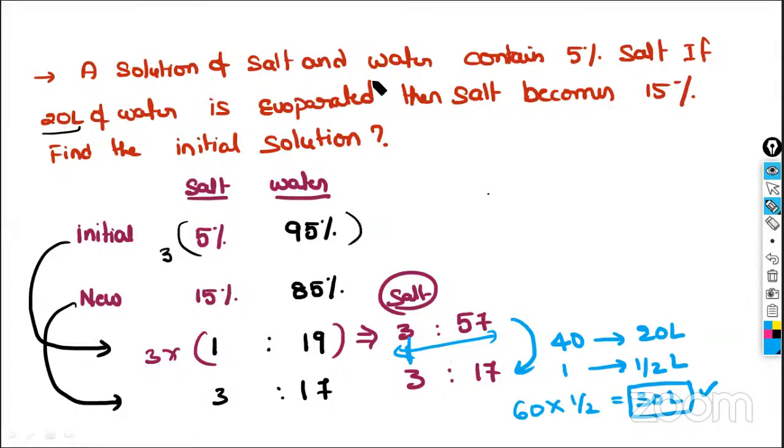Final solution, when we are taking that ratios, with this only we are considering, not this one. Okay, right? Initially 5% is there salt, that means remaining 95%. So fraction ratios is the easy for calculation, ma.